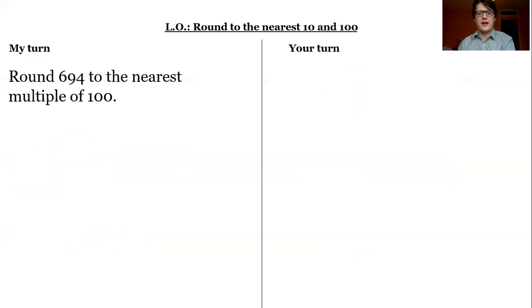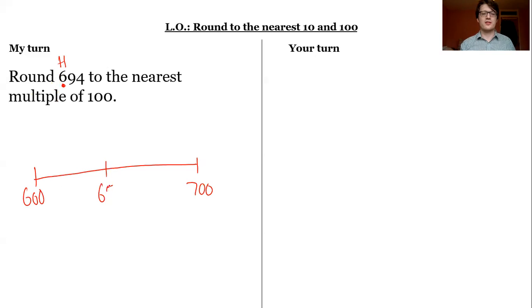What about hundreds then? It's a very similar sort of process that we're going to go through. So I'm going to draw a number line again. I'm thinking now about my hundreds column. The multiple of 100 just underneath 694 is 600. I can hear that there. So the next multiple of 100 will be 700.